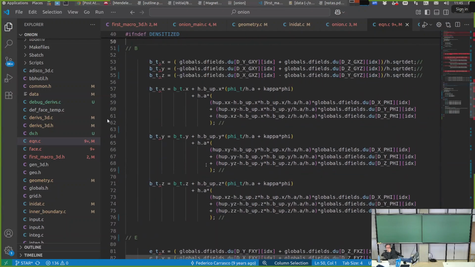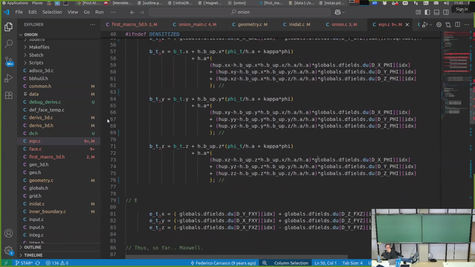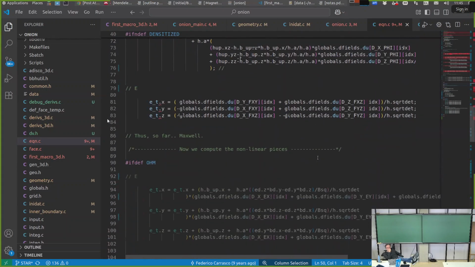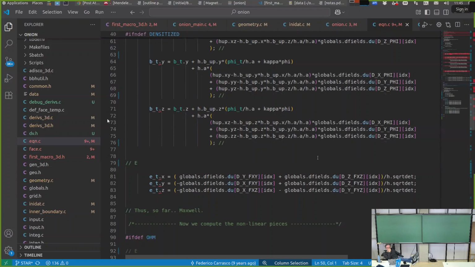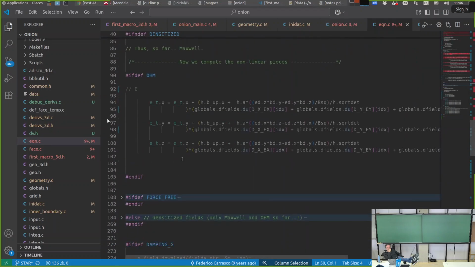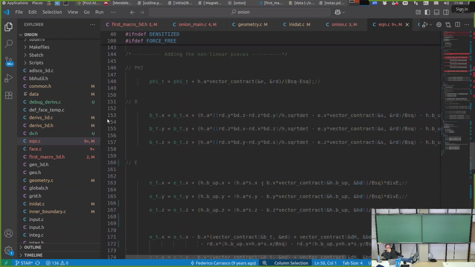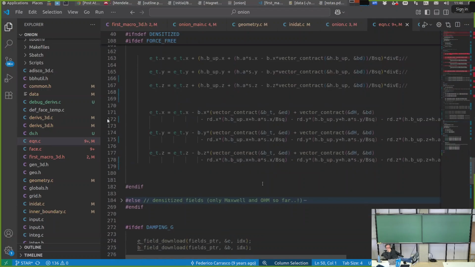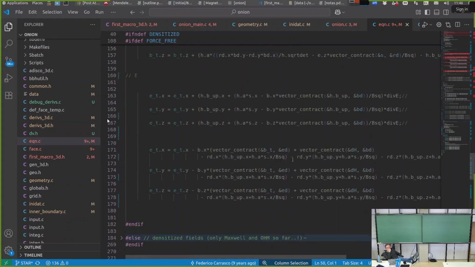Of course it uses all the previously computed spatial derivatives, and it incorporates all the terms associated to the right-hand side of the evolution equation. This was just, I think, Maxwell, the linear theory, and then if we have force-free, we add a lot more additional terms. You can see these extra terms, which of course involve additional derivatives and so on.